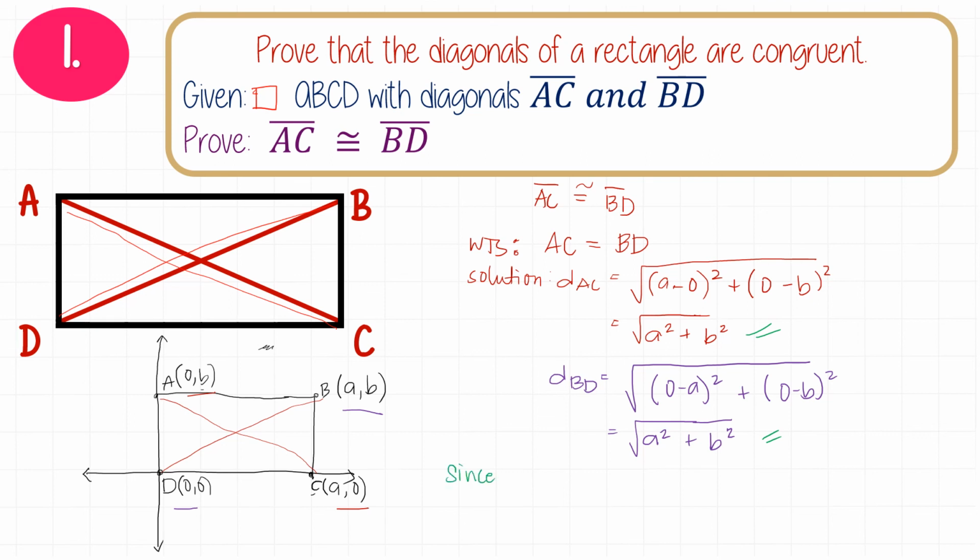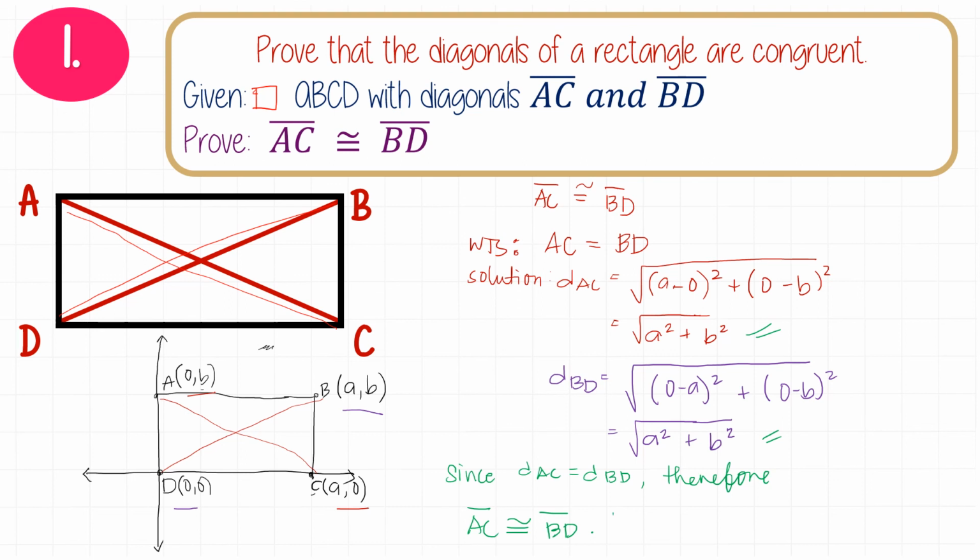Since the distance from AC is equal to the distance of BD, therefore, line segment AC is congruent to line segment BD. Yan.